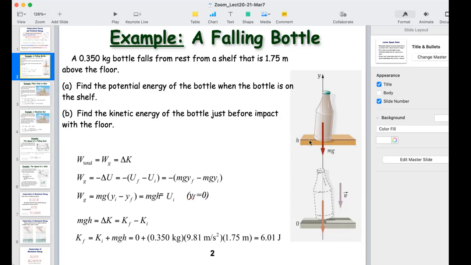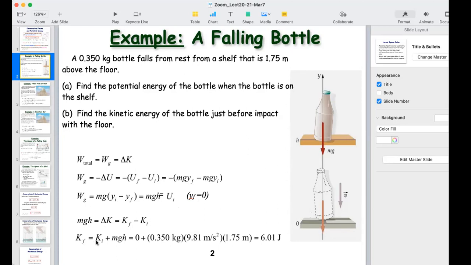It is h, because we move from y initial, which is h, to y final, which is 0. And so this gives me mgh, which is U initial. So mgh is equal also to delta K, which is K final minus K initial.